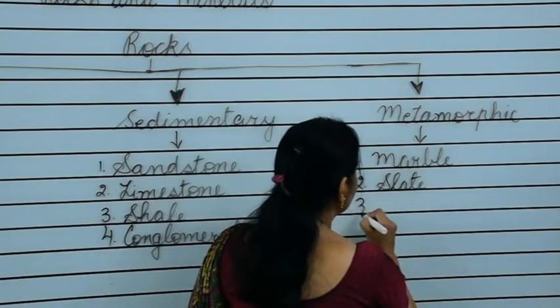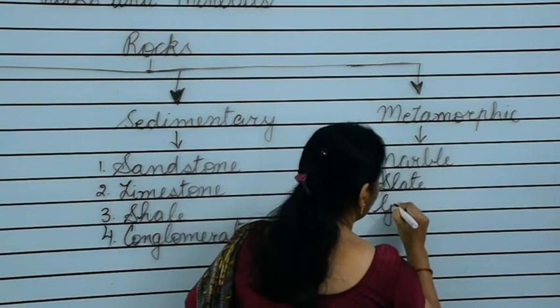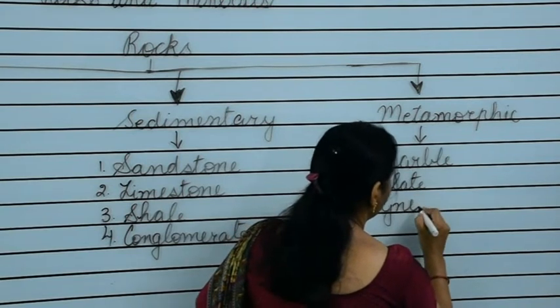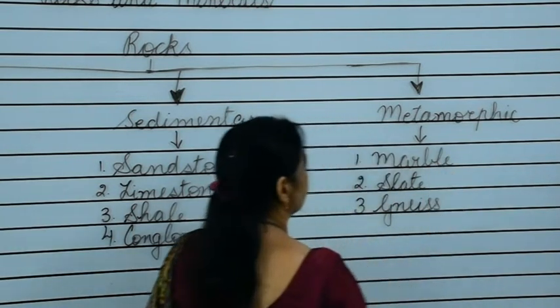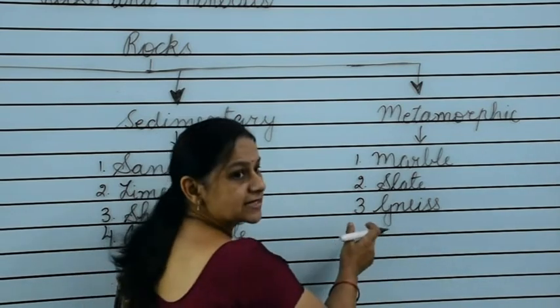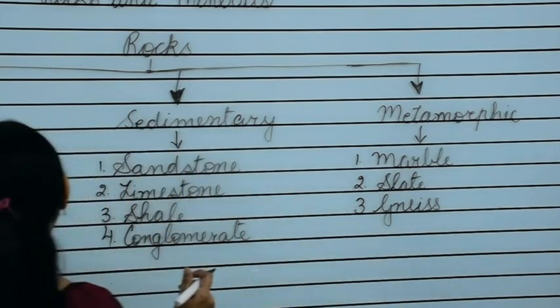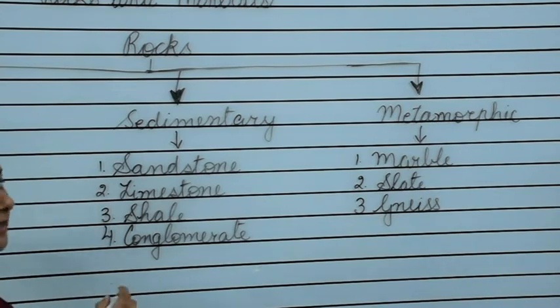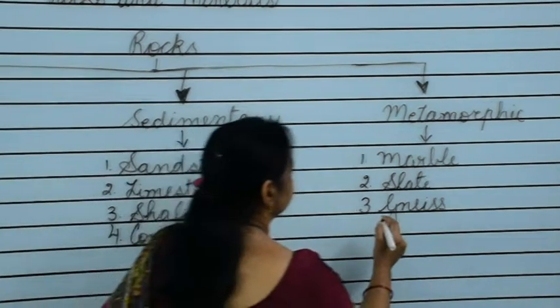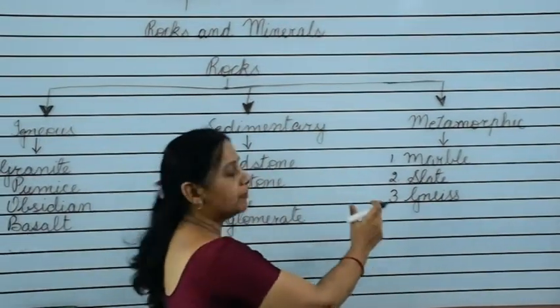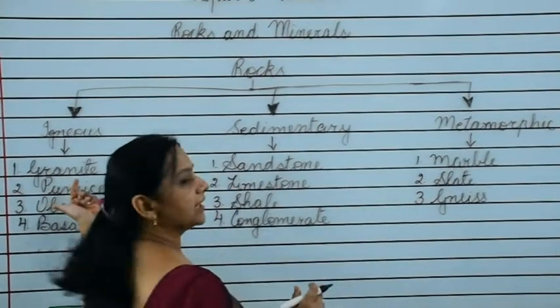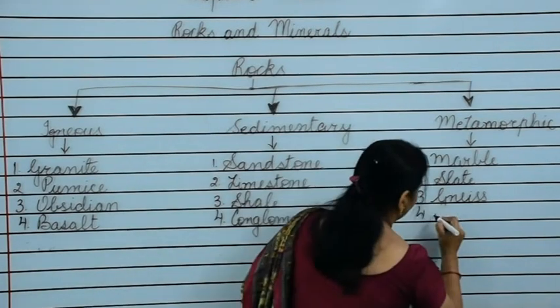The third one is gneiss. This is made from obsidian, which is again an igneous rock. Sorry, gneiss is made from granite, and this is again an igneous rock.